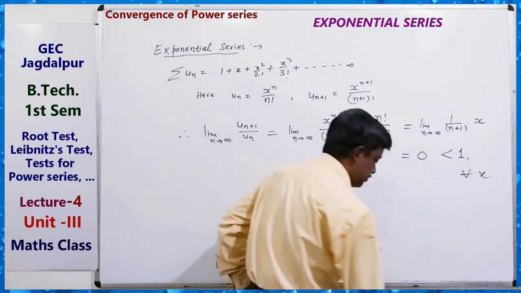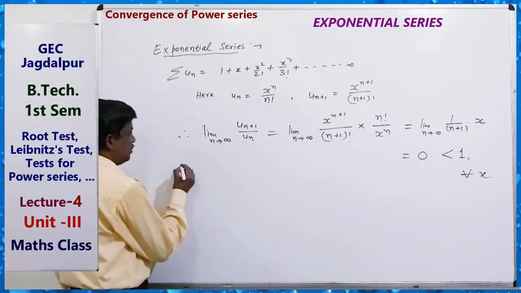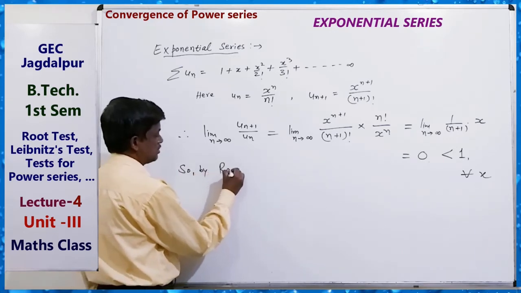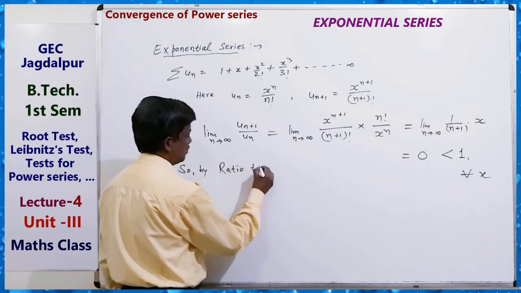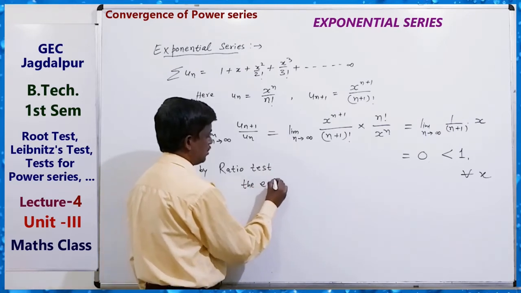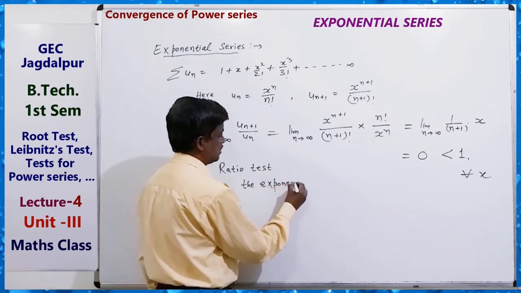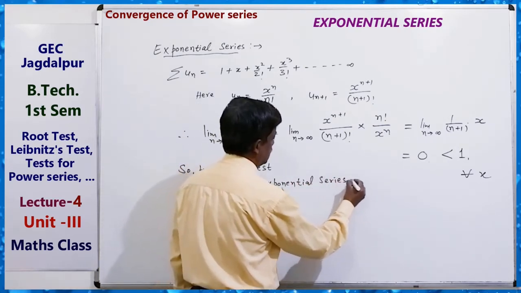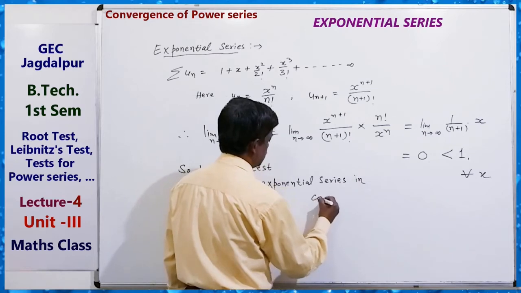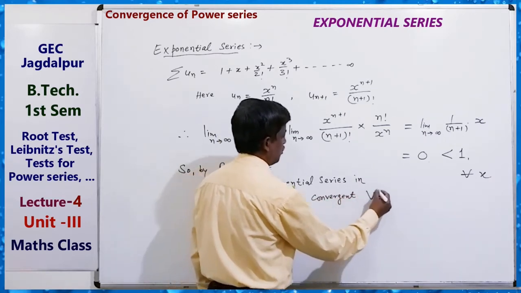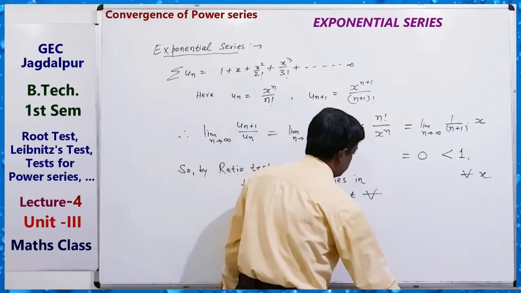Okay, so by ratio test, the exponential series is convergent for all x, for all values of x.